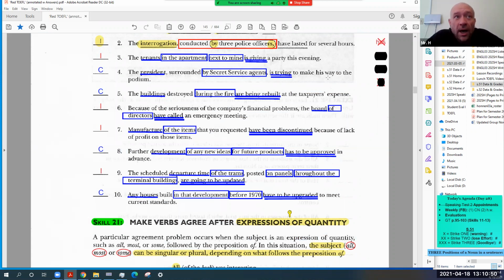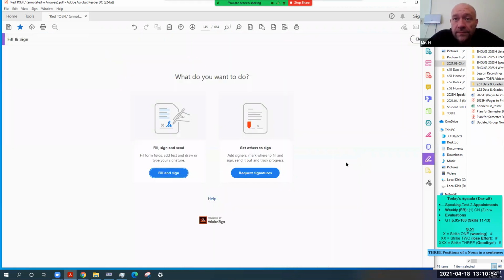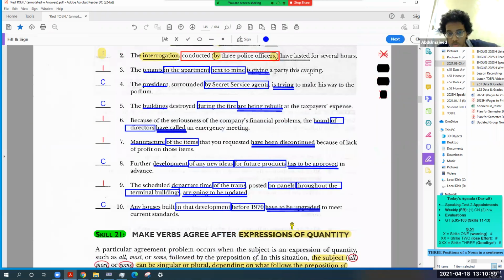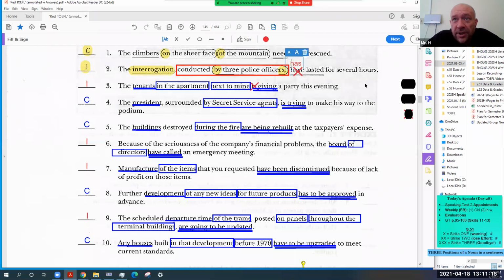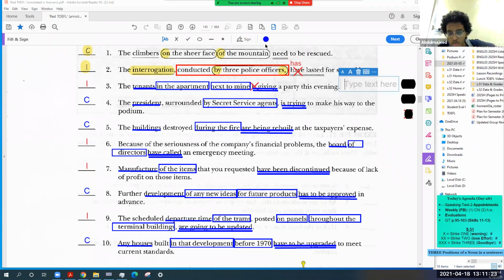In number 3, what should I do? Just switch S with R. I'm going to put has up here, and this should be are giving.